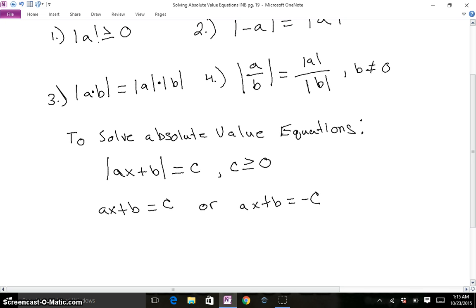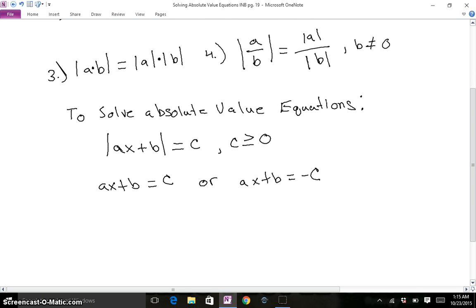Now here's a catch. If c is less than 0, meaning that it's negative, there is no solution. The absolute value of ax plus b cannot equal a negative c.